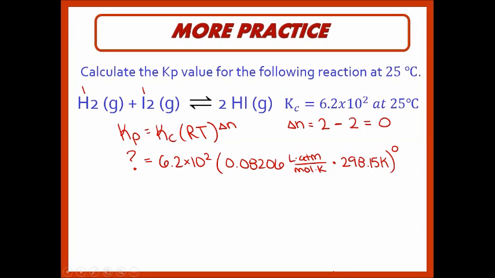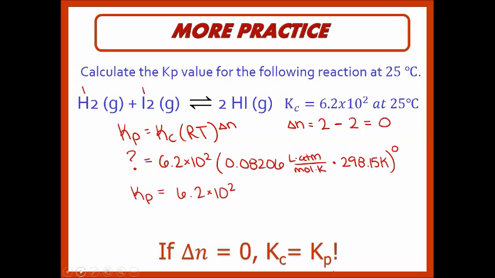Now anything raised to the 0 power is simply 1, so that means that Kp is going to be equal to 6.2 times 10 to the second. In this case, our Kp value and our Kc value are equivalent. And the reason for this is because our delta N value is equal to 0. So that means that if delta N is equal to 0, Kc equals Kp.